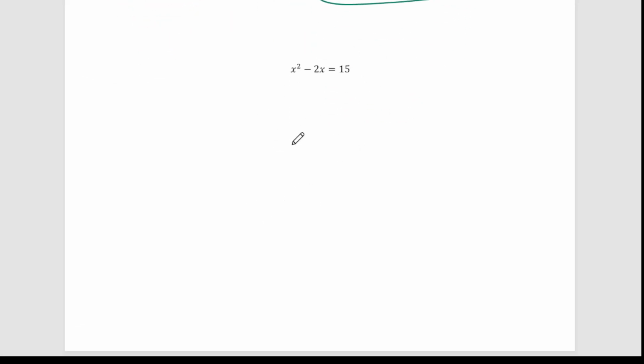For this next one, recall it's actually not set up how we want yet, because we need to make sure that we have this equal to 0. Otherwise you can't exploit the zero product property because you're trying to find out something times something is 0. So we end up with x squared minus 2x minus 15 is now equal to 0. Now we're good to go, and that leading coefficient is 1, so I can jump to my parentheses.